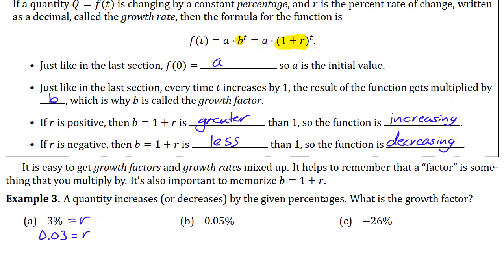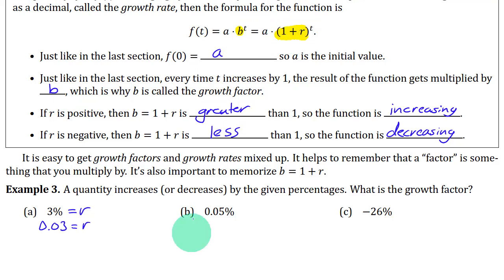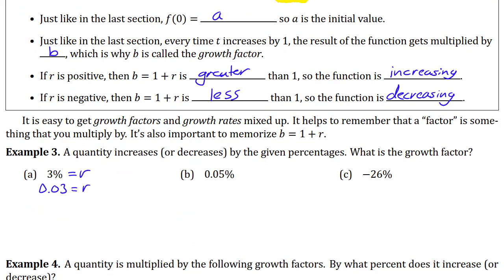So yeah, that's the r. So we want to know the growth factor. The growth factor is the b, the thing that you actually multiply by here. And the b and 1 plus r are always going to be the same thing. So the b is always 1 plus r.